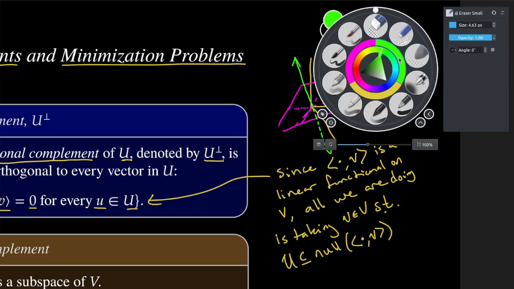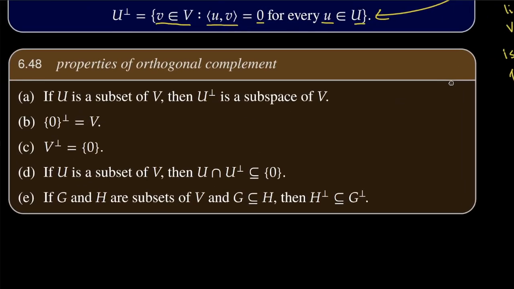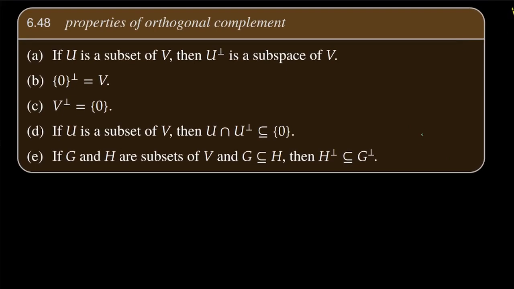But basically it's the line through the origin at a right angle to that sheet. Does that make some sense? So if this guy here is U, then this guy here is U perp. Something like that.